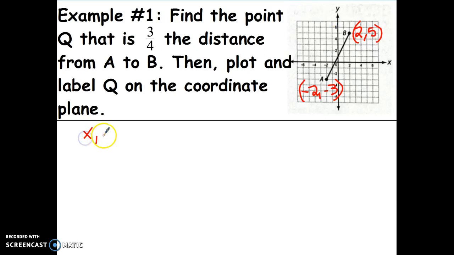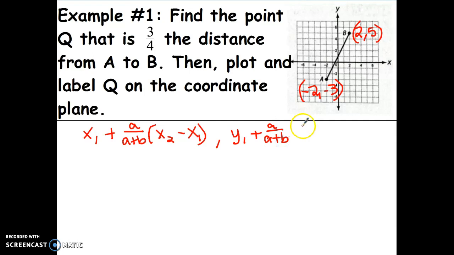So we have x1 plus a over a plus b times (x2 minus x1), comma, y1 plus a over a plus b times (y2 minus y1). Excuse the handwriting, it's hard to write with this pen. So this is our formula.